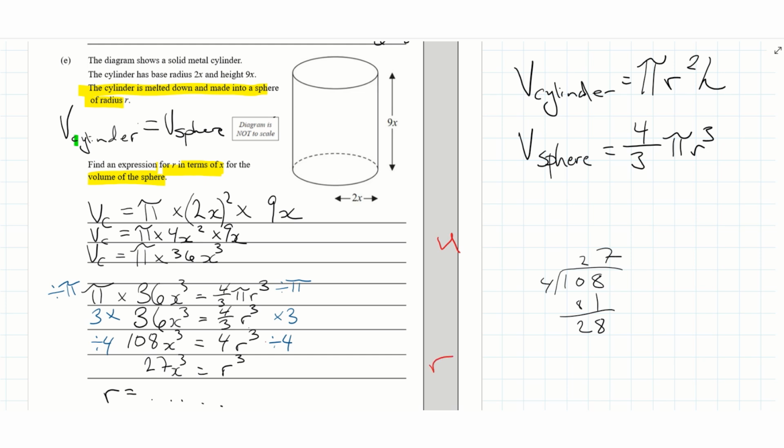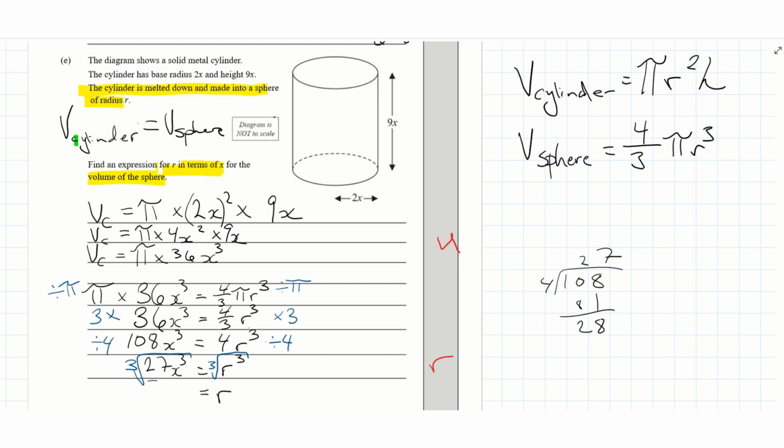The last thing that you need to do is find the cube root of both sides. The cube root of r cubed is, of course, r. Yeah, r times r times r is r cubed. The other side is a little bit harder.